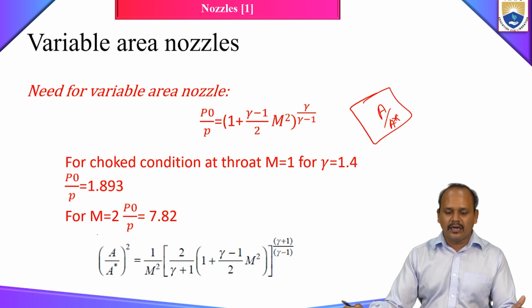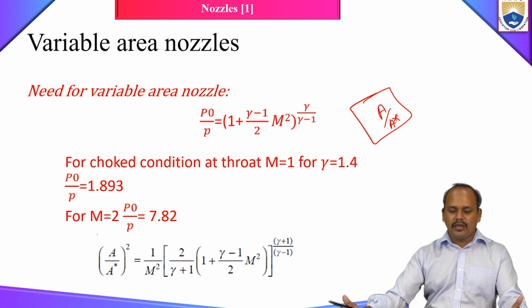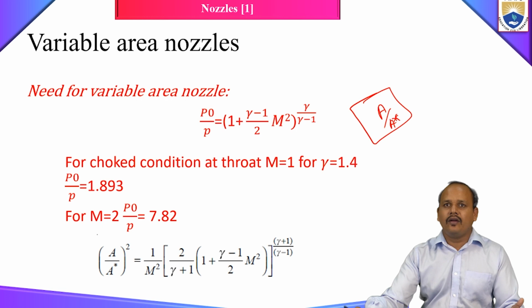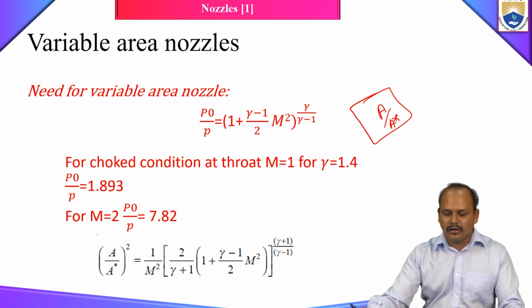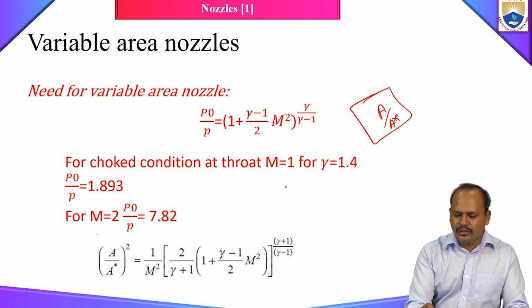And the third one is that fighter aircraft should always be fitted with a variable area nozzle. Why? We already know all fighter aircraft are fitted with an afterburner. Why do we need an afterburner in a fighter aircraft? You know that during subsonic operations, as your Mach number increases, your drag increases.